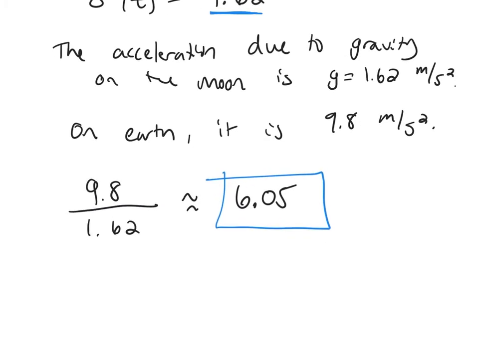So the acceleration due to gravity on Earth is about 6 times more than it is on the moon.